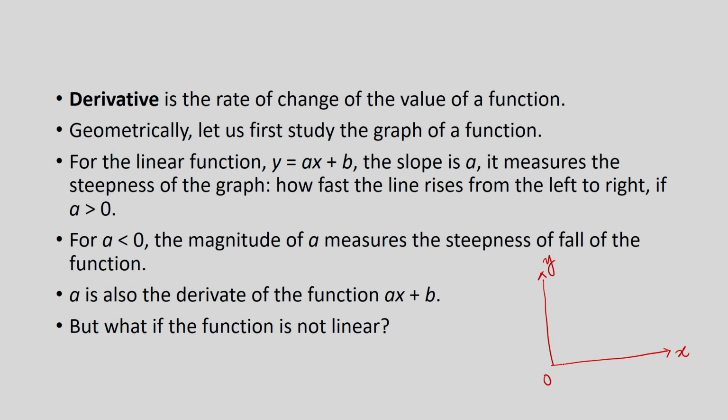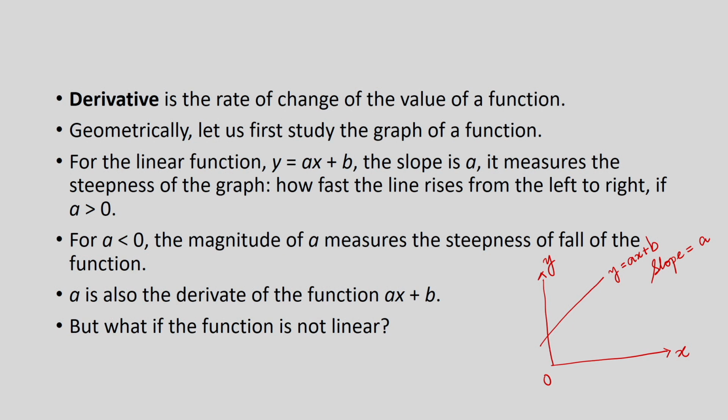Suppose y is equal to f(x), and suppose you have a linear function, y is equal to ax plus b. Here the slope of this function we know is given by small a. And what was the interpretation of this small a?